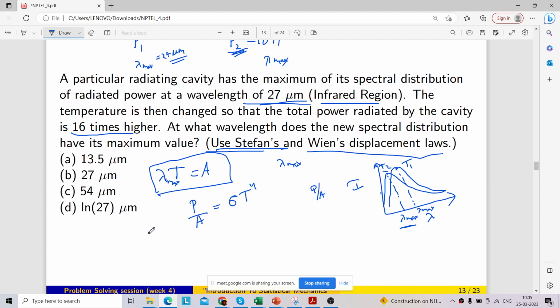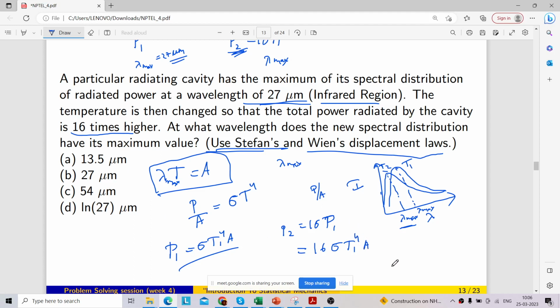So we have initially power P1 equal to sigma T1 to the power 4 times a, and we have power P2 which is 16 times P1. So we have the P1 value, we can put it here, 16 into sigma T1 to the power 4 a.